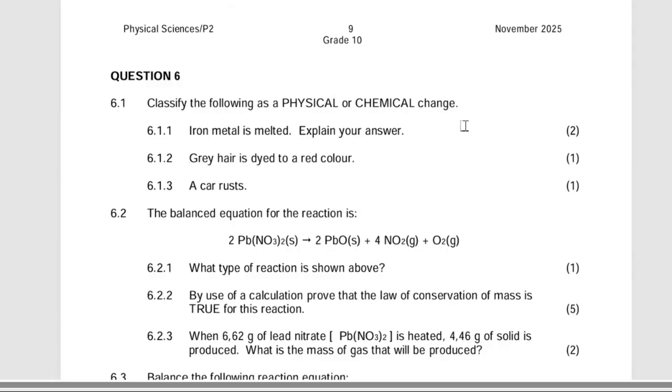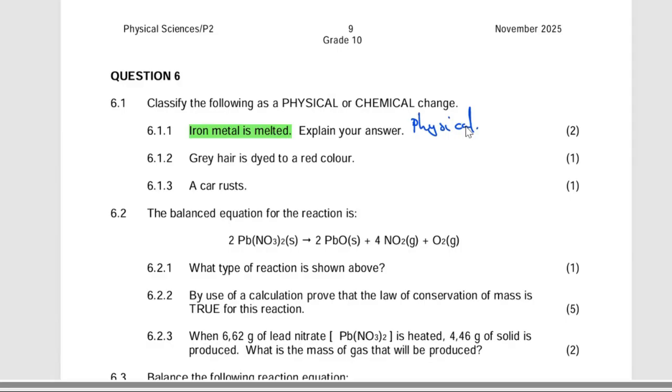In terms of the first one, it says the iron metal is melted, right? If it actually melts, what does that mean? It's going to remain physical. So I'm going to say it's a physical change. Why is that so? Because there is just a change in state, right?